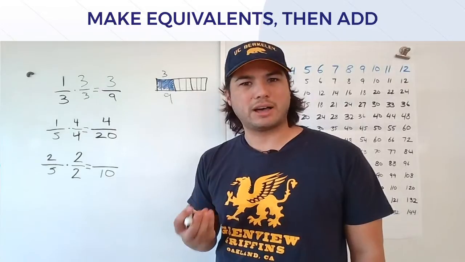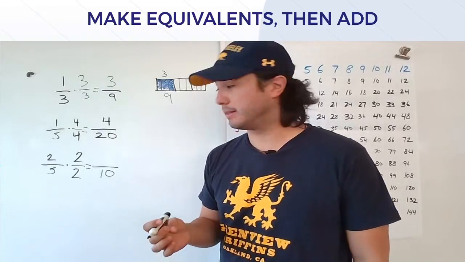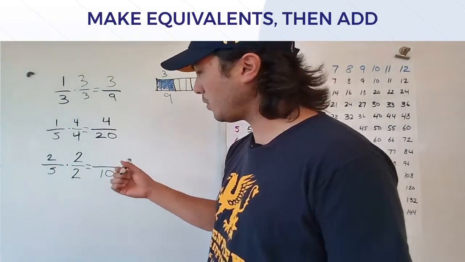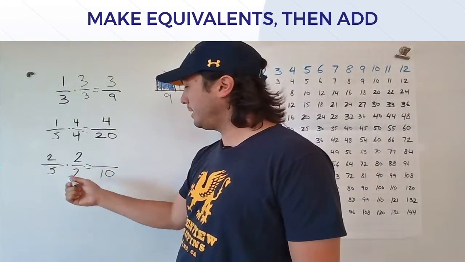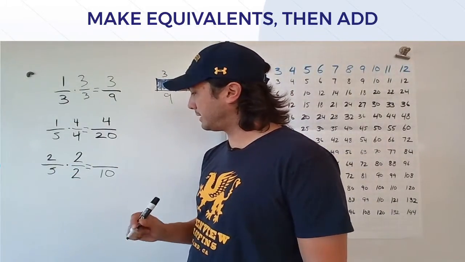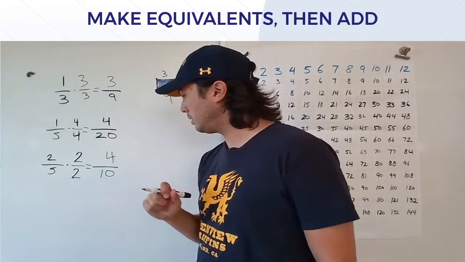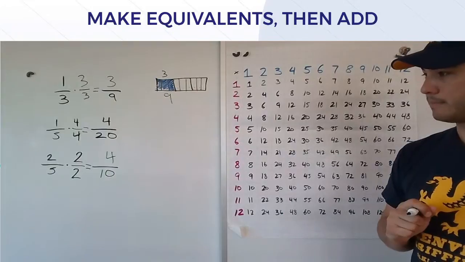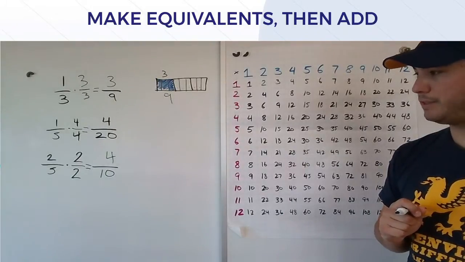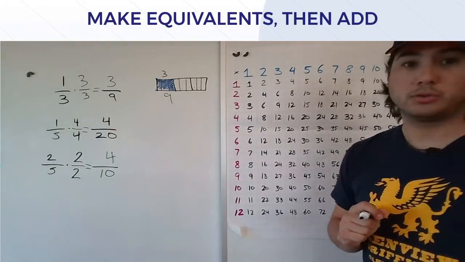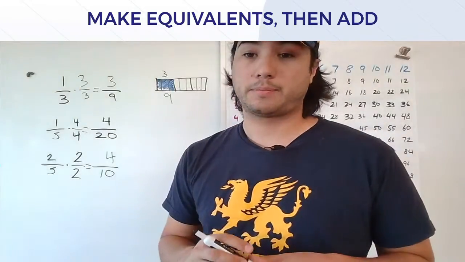So it's changing the value of what we have, and it would be 4/5 in that case. But here, we multiply by 2 halves, because that's an equivalent of 1, and 2 times 2 is 4. So we end up with 2/5 being equivalent to 4/10.